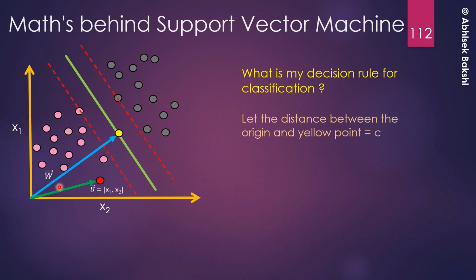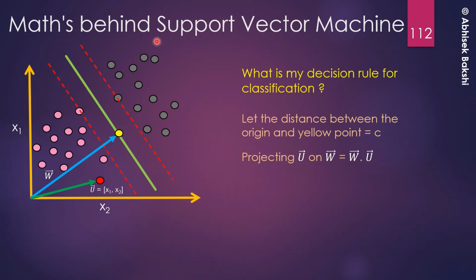We actually do a dot product between v1 and v2. That's the idea, right? So here also, when we project this u on top of the w vector, it will be nothing but w dot u. It's a dot product between w and u, right?